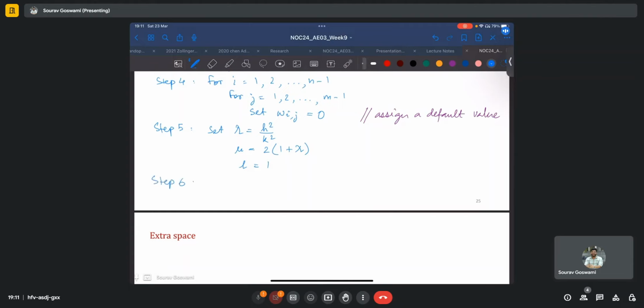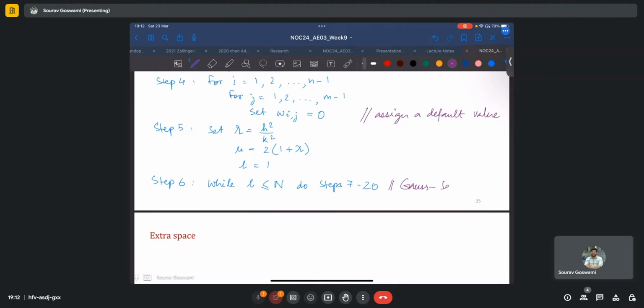Now, step 6. While this counter L is less than or equal to the maximum number of iterations n, we do the subsequent steps, and those would be some, okay, 20 steps. But these are basically the Gauss-Seidel iterations.